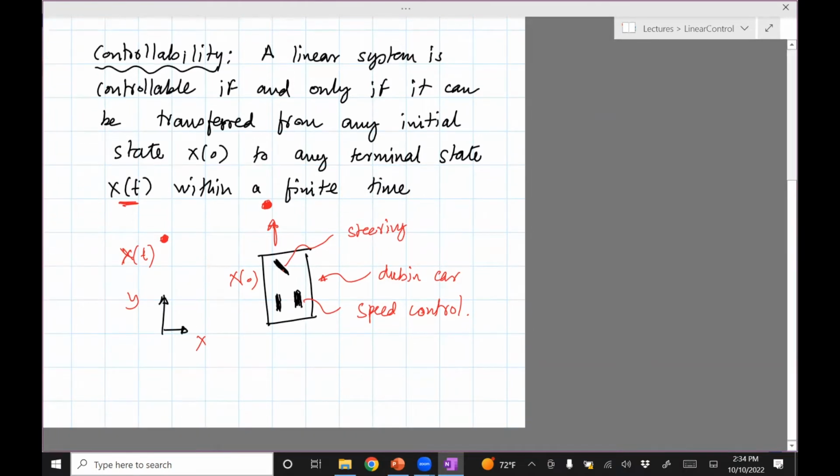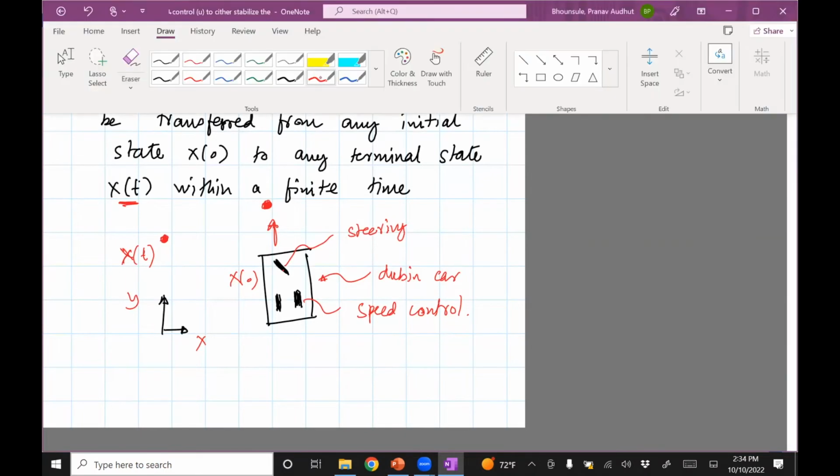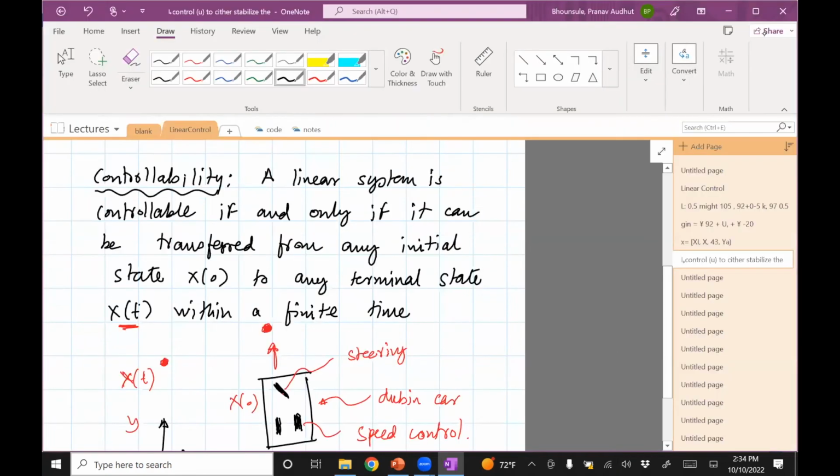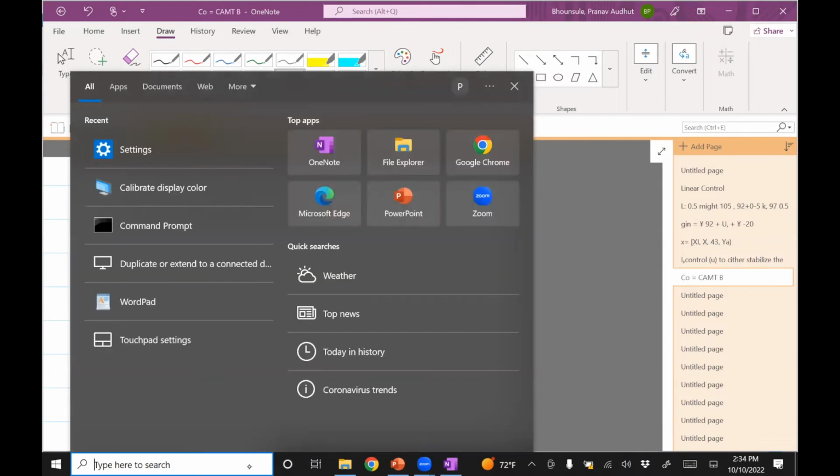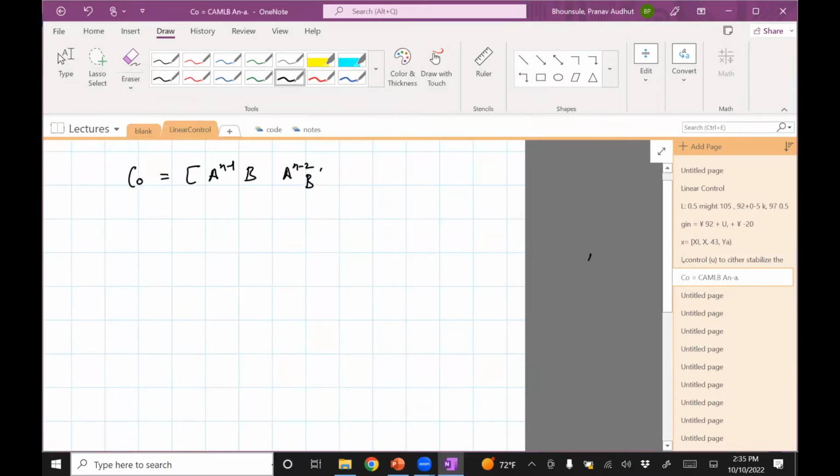So we need to check this condition for the system. And the way this is done, without going too much into the theory, is we need to check the rank of a particular matrix. It's called the controllability matrix. It's defined as B, AB, and so on up to A^(n-1)B.